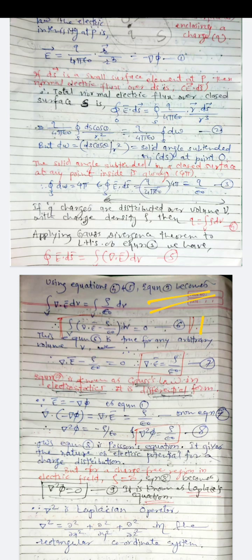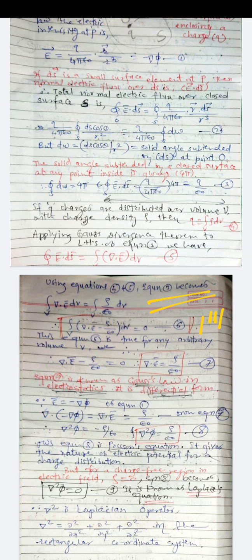Hence, volume integration of divergence of E bar minus rho upon epsilon 0 into dV equal to 0. Equation number 6. How is it possible? Because by applying Gauss divergence theorem, both integrals come into the same form as a volume integral. Hence, this modification is possible here.